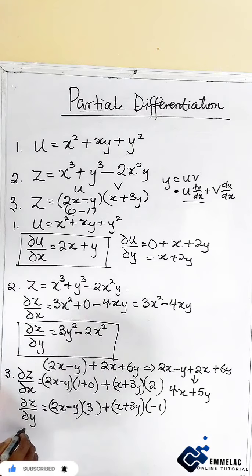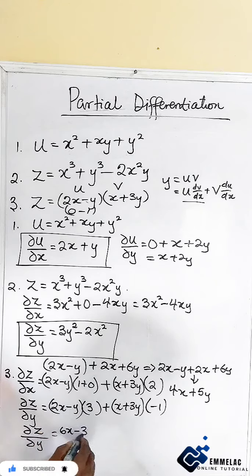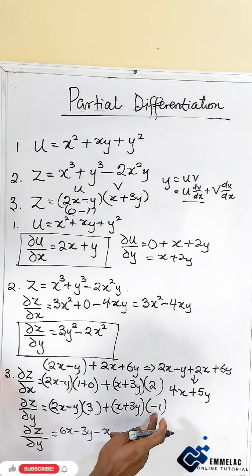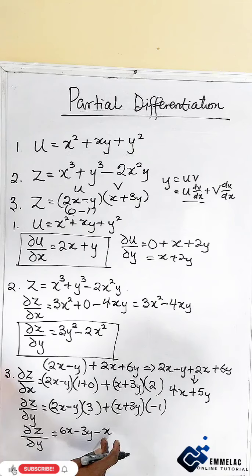So here the partial derivative of z with respect to y will then give us, multiplying, 6x minus 3y, then minus x, because negative 1 times x will give us negative x, then minus 3y.